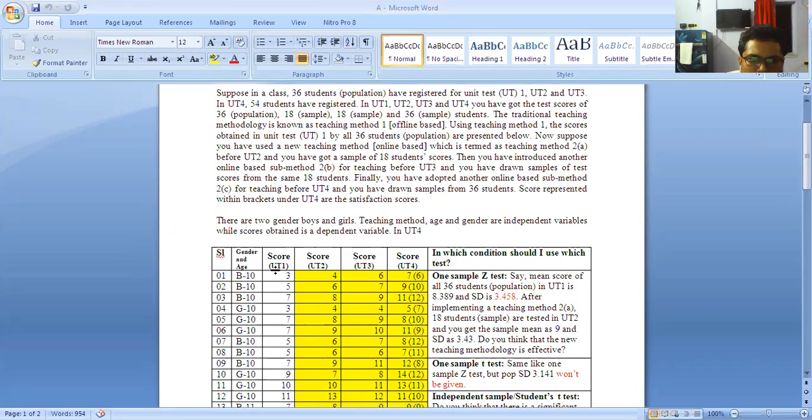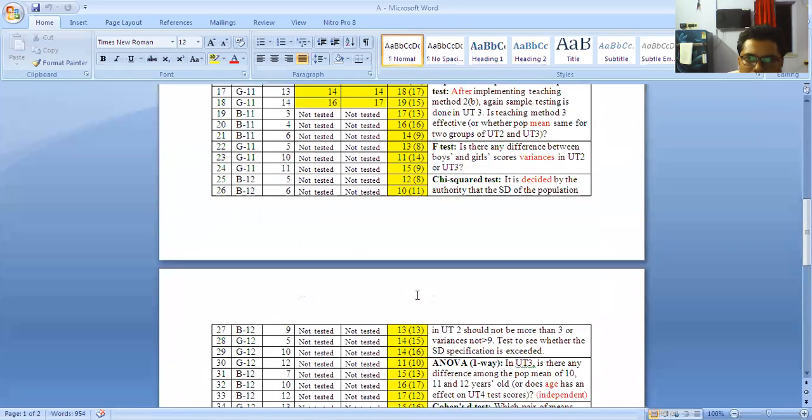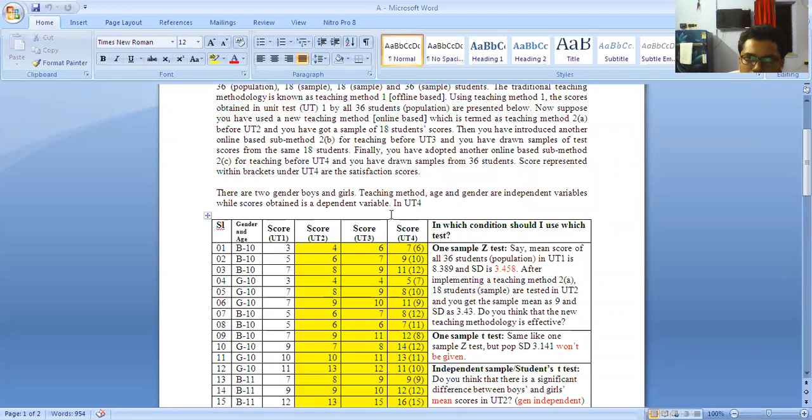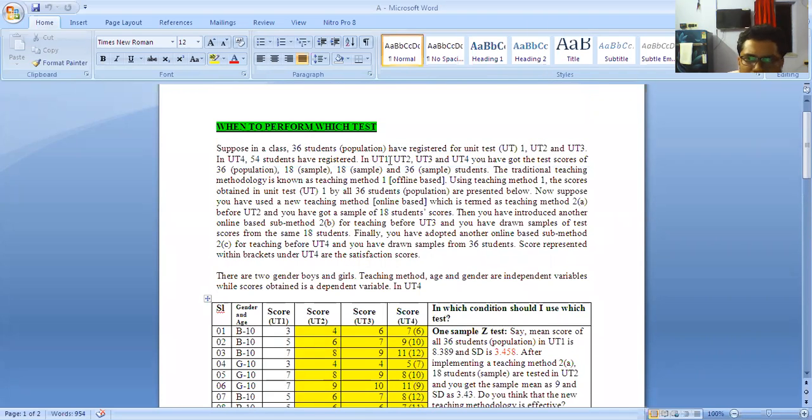Now in unit test 1, unit test 2, unit test 3 and unit test 4, you have got the test scores for 36, 18, 18 and 36 students.